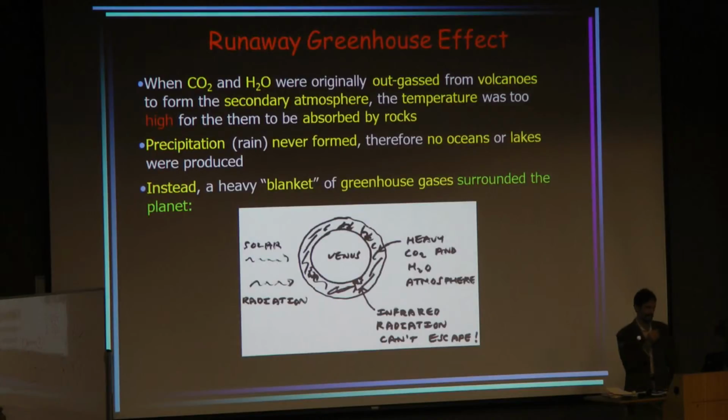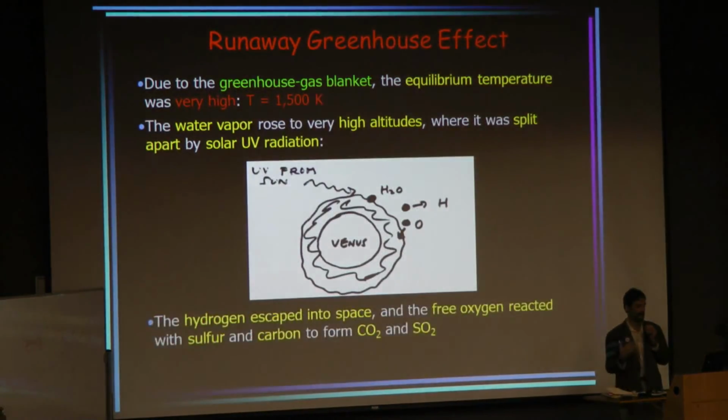So instead, we have this very heavy blanket of greenhouse gases. And what happens is the temperature goes higher and higher on Venus because we have a buildup of heat. In fact, the temperature historically may have even been as high as 1,500 kelvins. That's about twice as high as what we see even now.